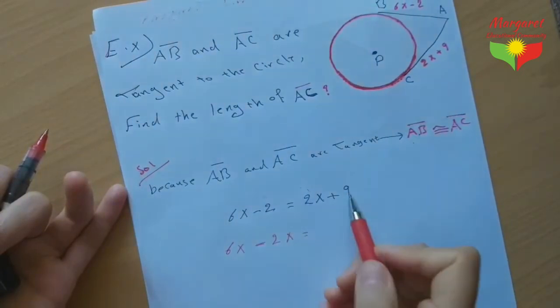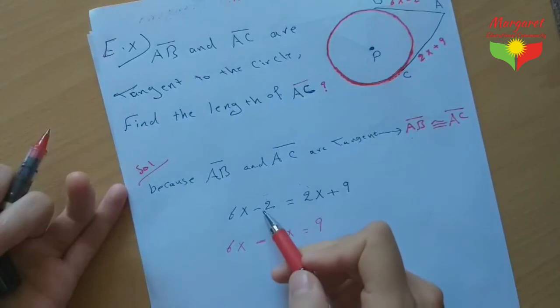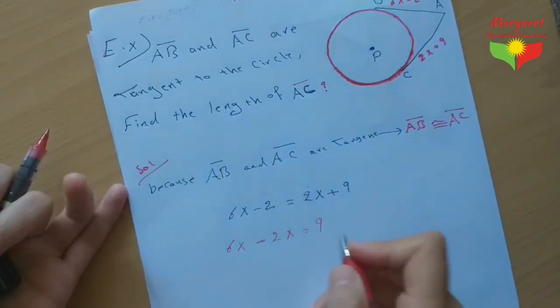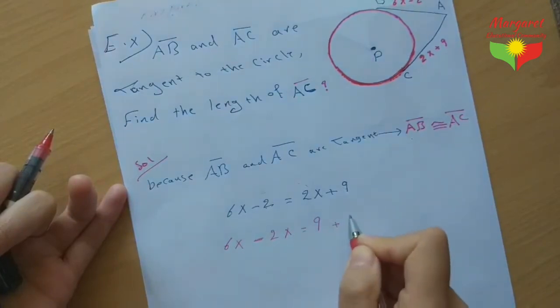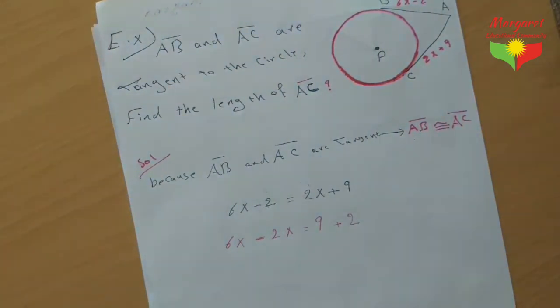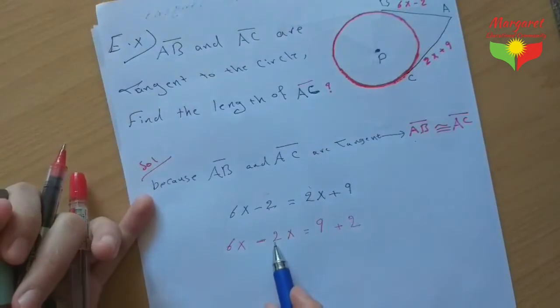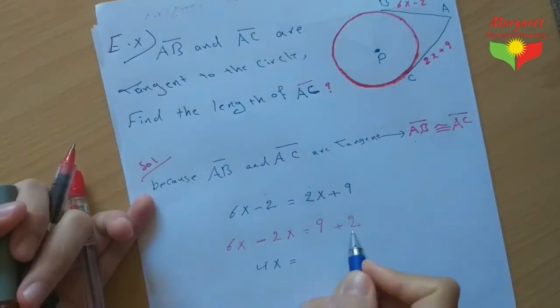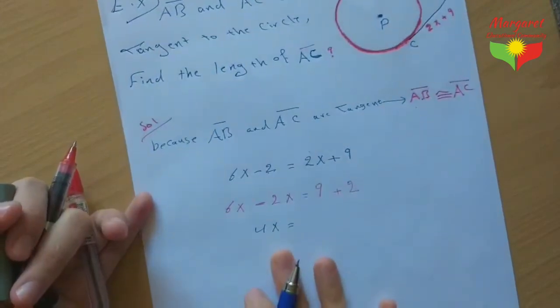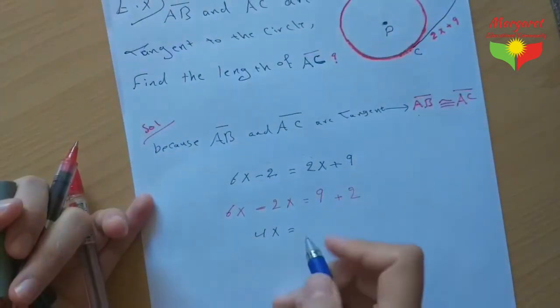And we have 9, moving the 2 to the other side, the sign changes from negative to positive. 6x minus 2x is 4x, and 9 plus 2 is equal to 11.